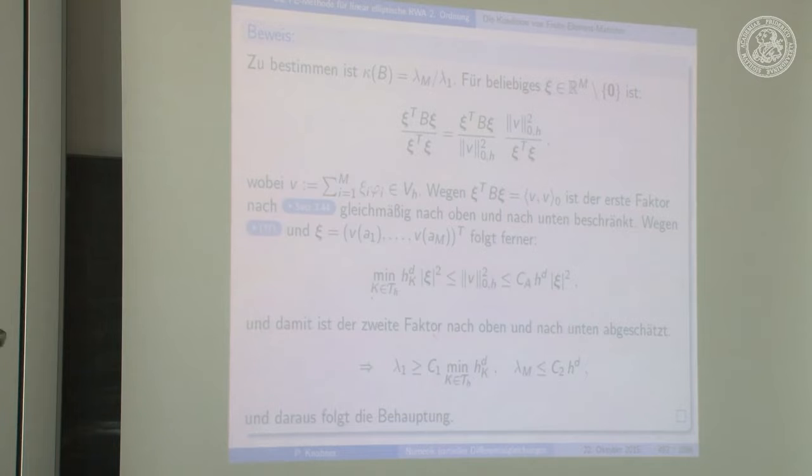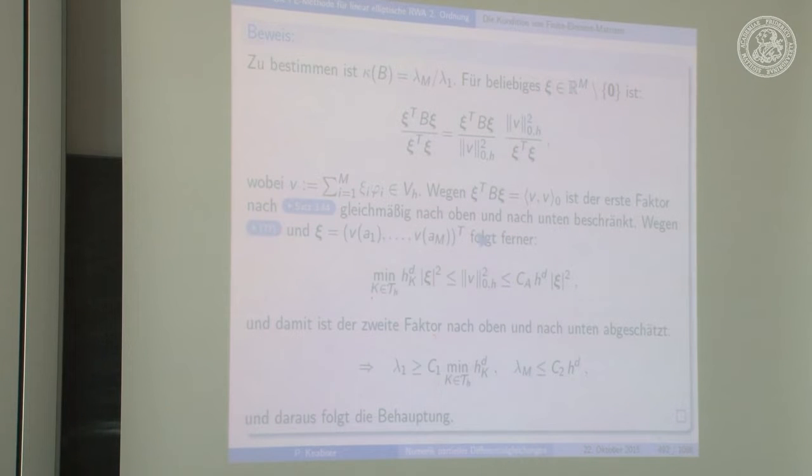Then the situation is as follows. Let's first define a function v, which is just the linear combination of this vector ξ with a nodal basis function. Why do we do that? Because then we have this identity. If we look at the L2 norm of v with itself, this is just ξ transpose P ξ. Think of this, plug it in here and here, multiply everything out.